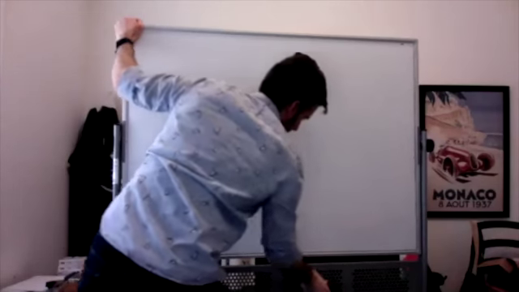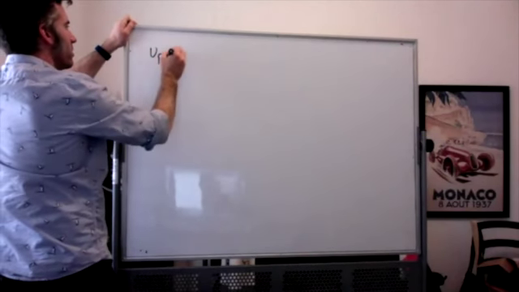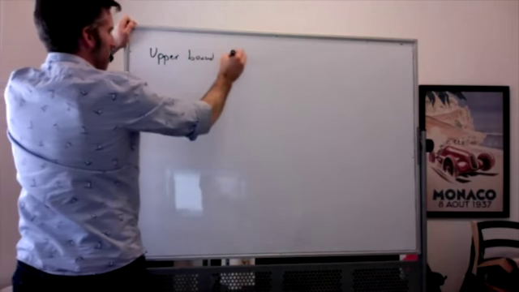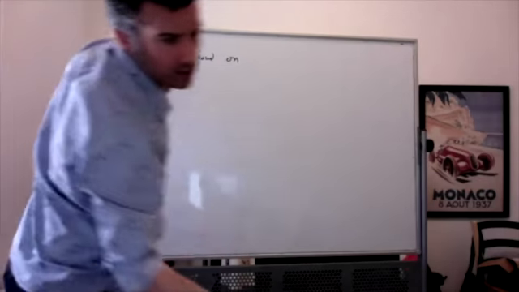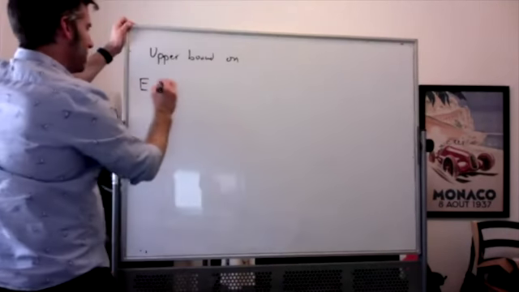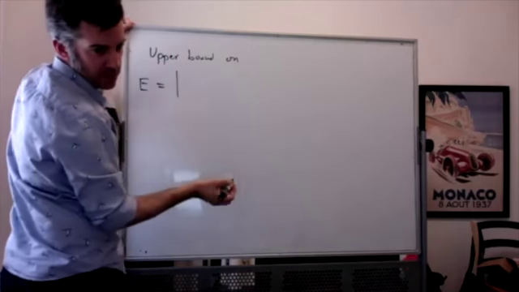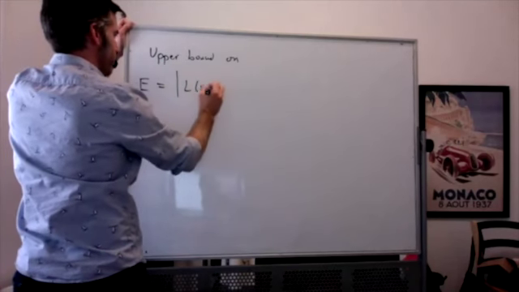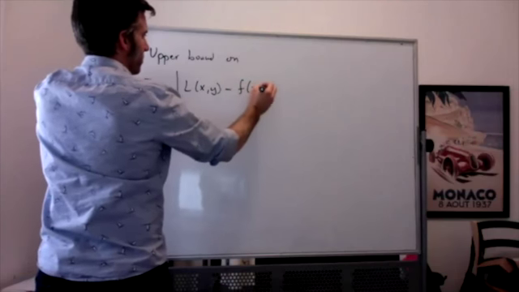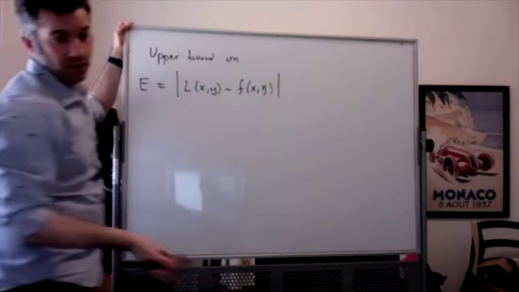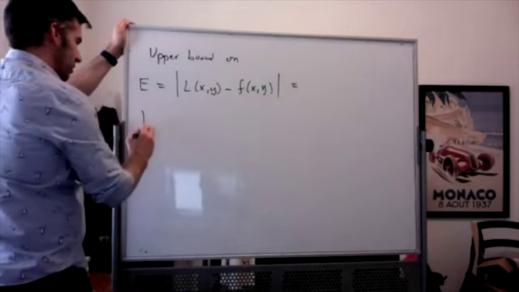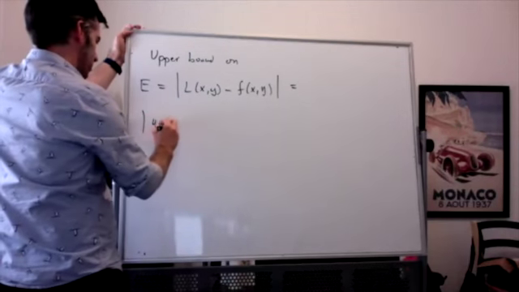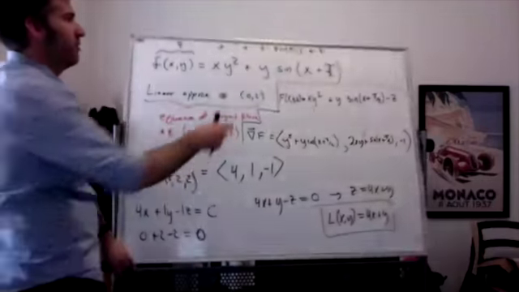We're being asked, what's the upper bound on the error, which is equal to the absolute value of the difference between the linearization and the function, which in this particular case is the linearization, which we just found to be 4x plus y, minus the function itself, which is this hot mess here.